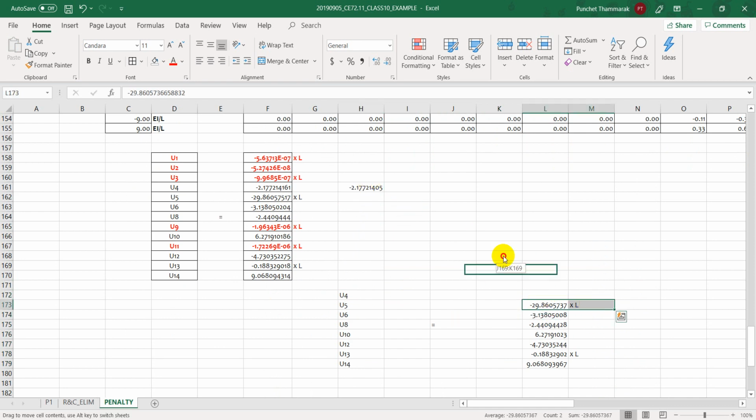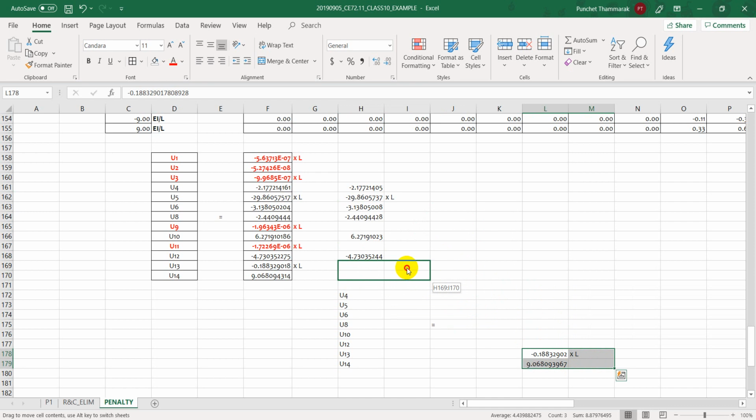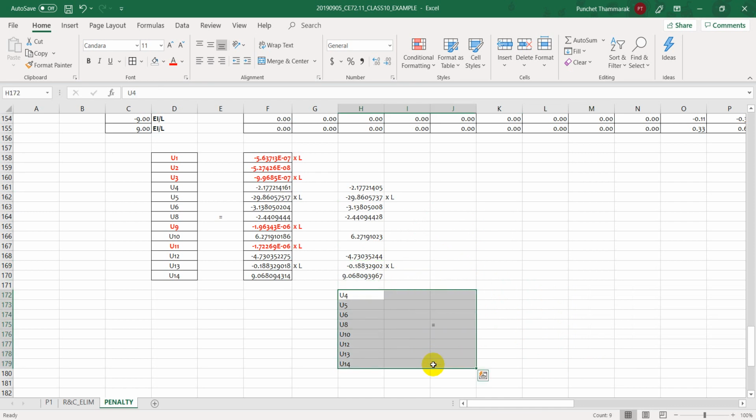U5, U6, U8, U10, 12, 13, 14. Right? This is the solution.